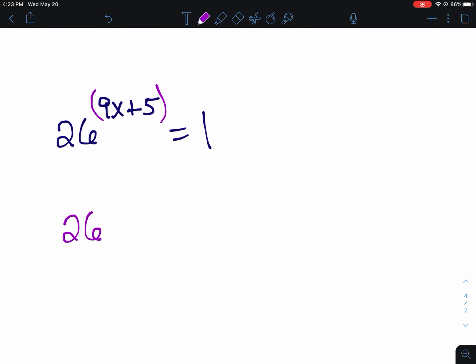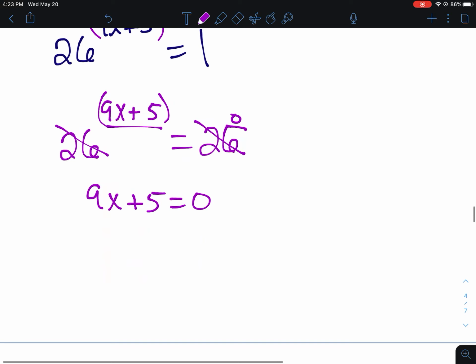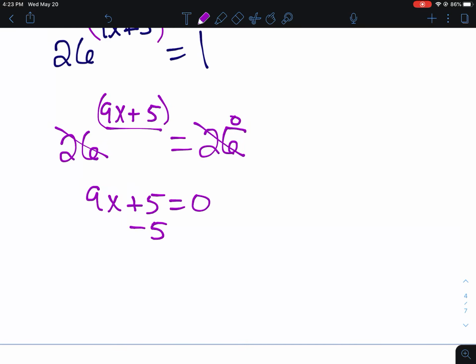So let's say I rewrite this as 26 to the 9x plus 5 is equal to 26 to the 0th power. Right? Now they have the same base, so I can ignore those and just set my exponents equal to each other. Now I am just responsible for solving this small equation for x.